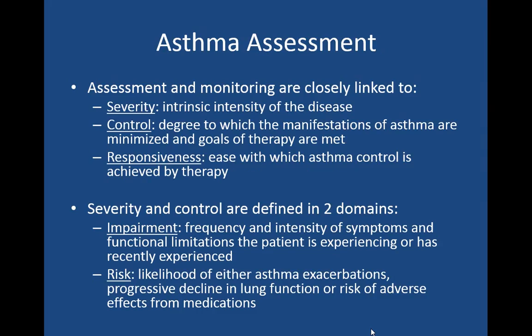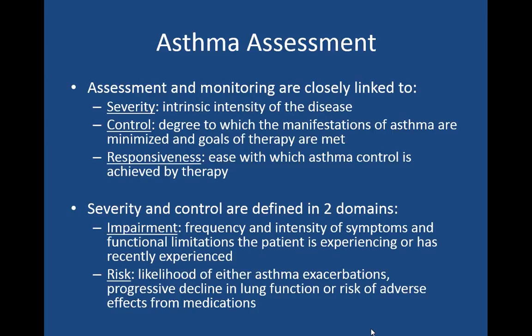Okay. This slide is just here to set the groundwork for some terms that you might hear in asthma. Really what I care about is that you know that we talk about asthma in severity and control. Those are the two things that we'll talk about: how severe is your asthma and how well controlled is your asthma. And those are defined based on your level of impairment and your level of risk.